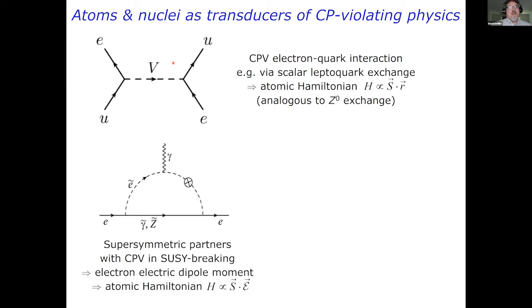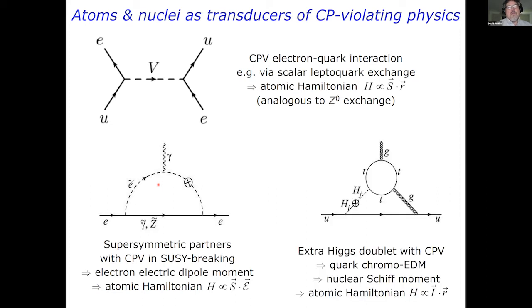There can be virtual exchanged particles that create an electric dipole moment of the electron, or new exotic particles that cause quarks to have electric dipole moments, or even the strong interaction version called a chromoelectric dipole moment. This deforms the nucleus to give it what's called a shift moment, and again leads to some CP violating atomic Hamiltonian.